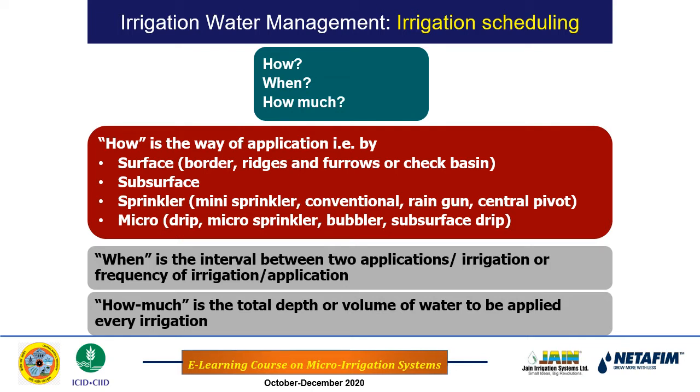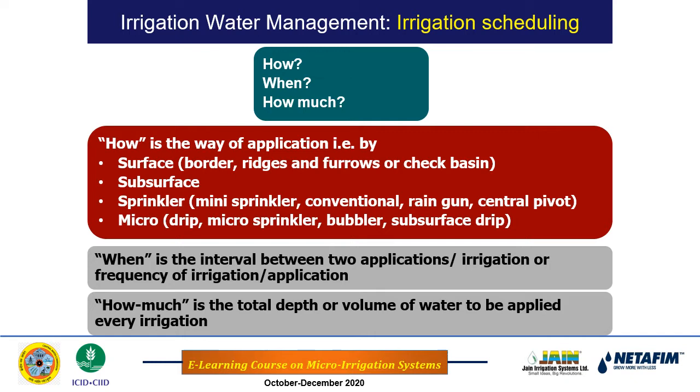So in short, irrigation scheduling is how to irrigate, that is irrigation methods, when to irrigate, that is the frequency of irrigation, and how much to irrigate, that is deciding the volume or depth of water at every irrigation.